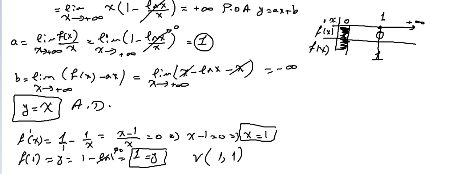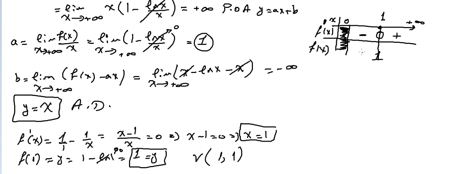From 0 to 1, if we substitute numbers not equal to 0 and not equal to 1, we find that the answer is a negative number, right? And from 1 and above, it's going to be positive.